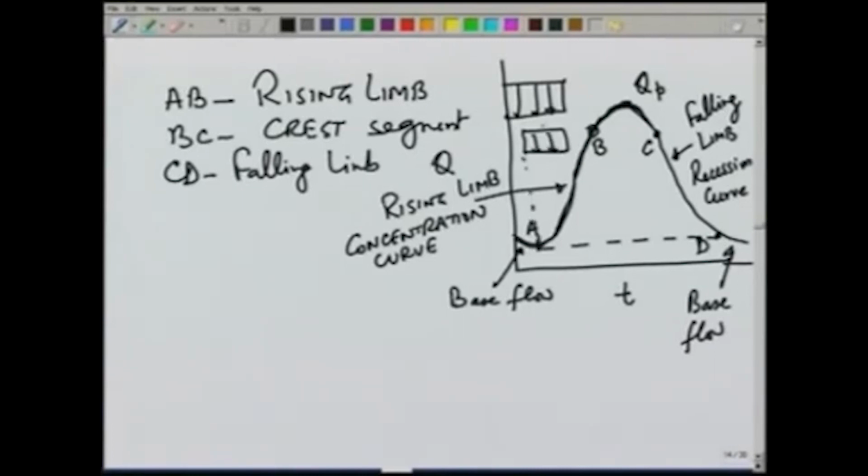Effectively the rainfall starts at the point A, because before that, whatever rain has occurred is not going as runoff, it is satisfying the infiltration and evaporation requirement of the basin, and if there is some depression storage, it will satisfy the initial abstraction requirements.